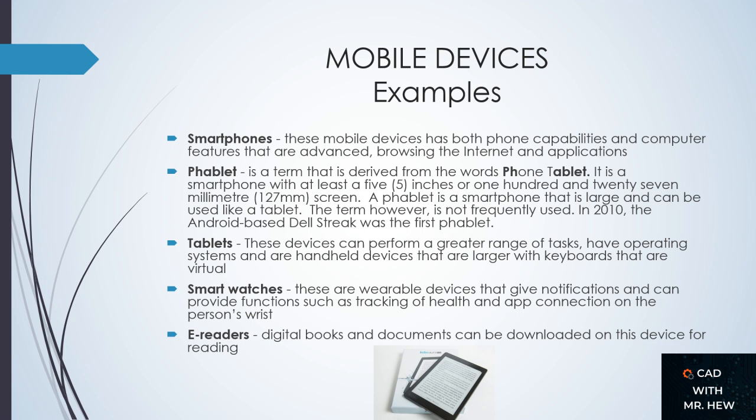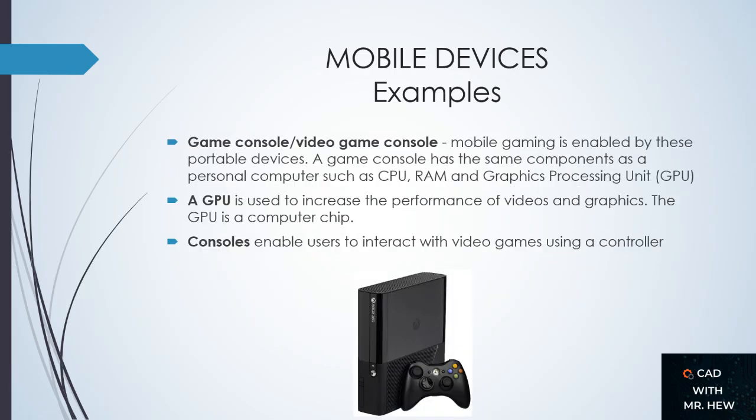Smartwatches. These are wearable devices that give notifications and can provide functions such as tracking of health and app connection on the person's wrist. E-readers. Digital books and documents can be downloaded on this device for reading.